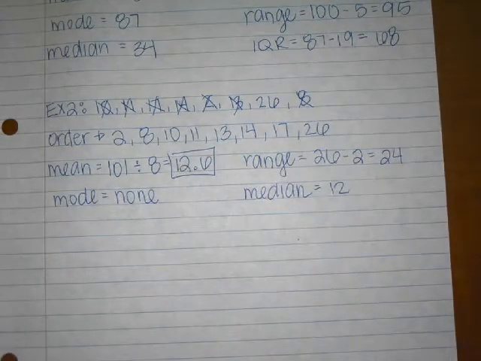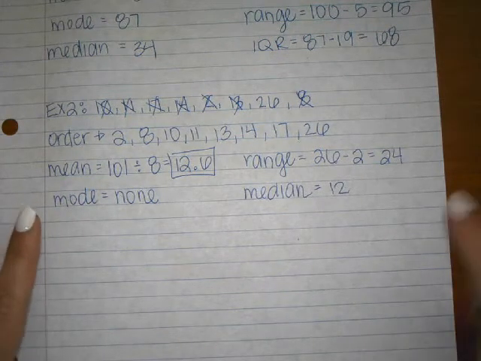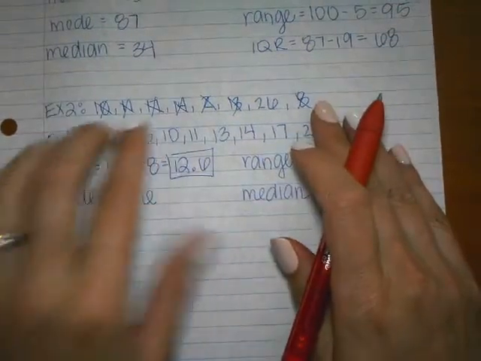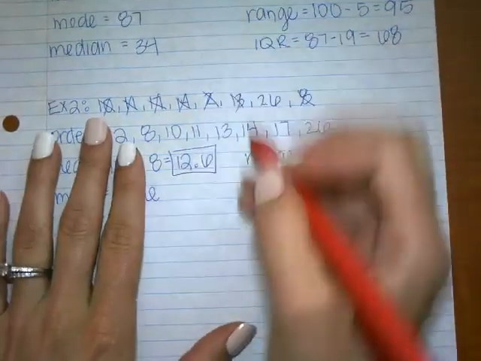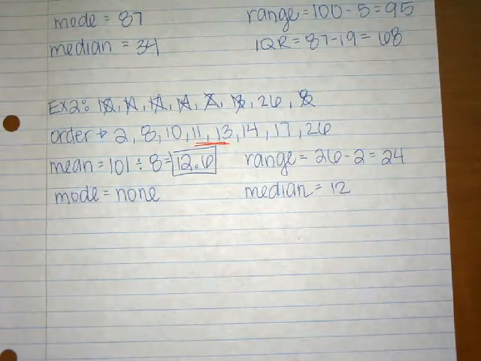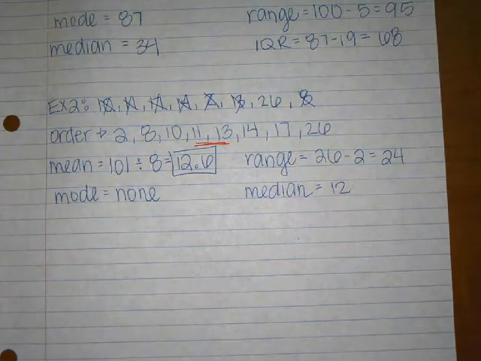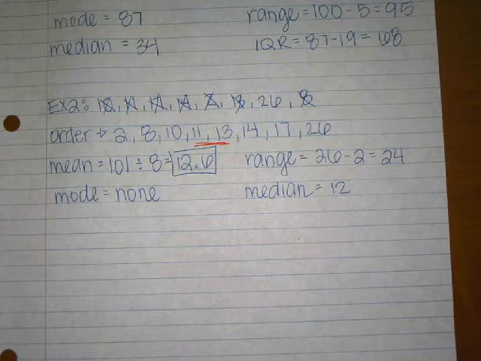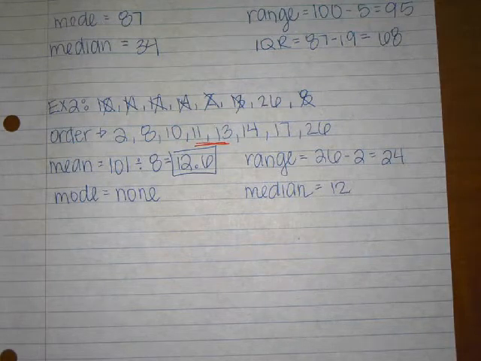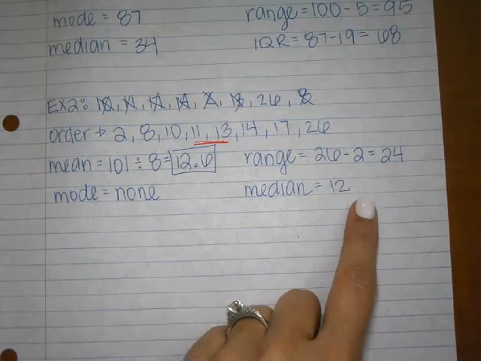Because 12 is not one of my numbers. So what did you do, Leah? They did the middle of 11 and 13. So I have 11 and 13 as my 2 middle numbers. So you can add them both together. You get 24. Divided by 2, you get 12. Or we know that when you look at a number line, if I have 11 and I have 13, 12 is directly in the middle of it. Therefore, 12 is the median. Questions on that?